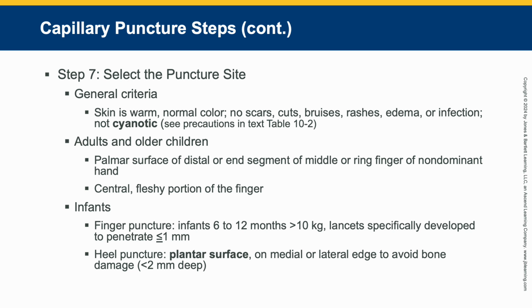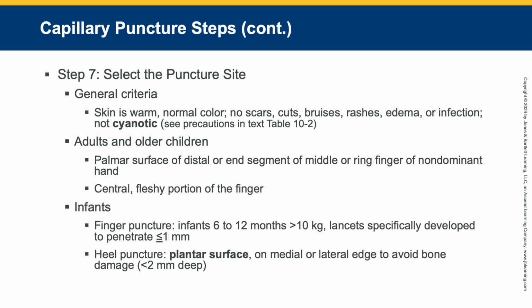Okay, for adults and older children, you're going to take the palmar surface, which is the underside or the grasping surface of your hand. You are going to take the bottom of the distal segment, so that's the very end of their finger.